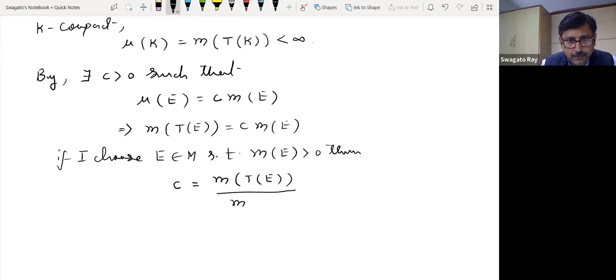So now I want to choose E properly. So simply choose E to be, say, the open interval 0, 1. Assume alpha bigger than 0.